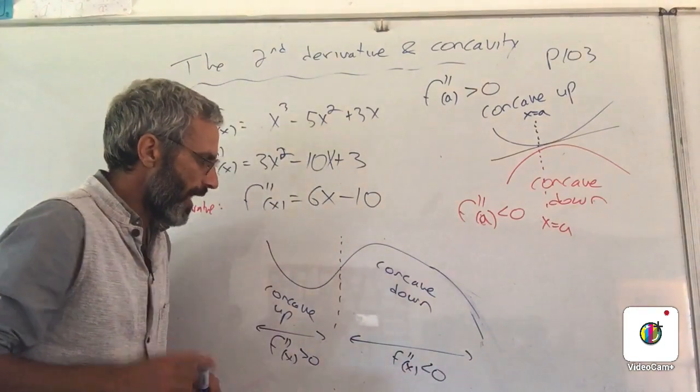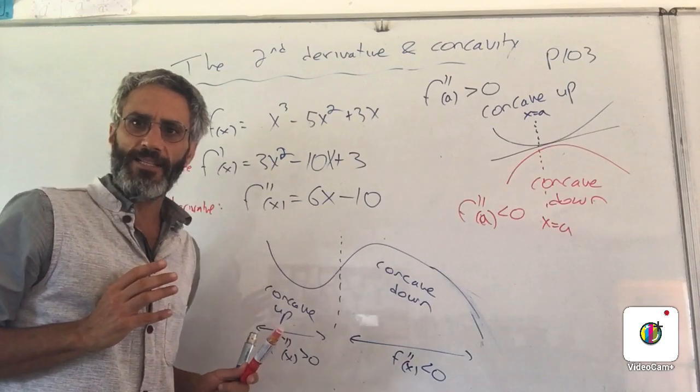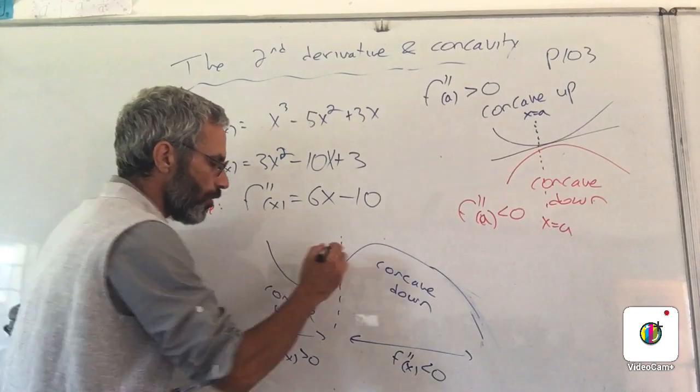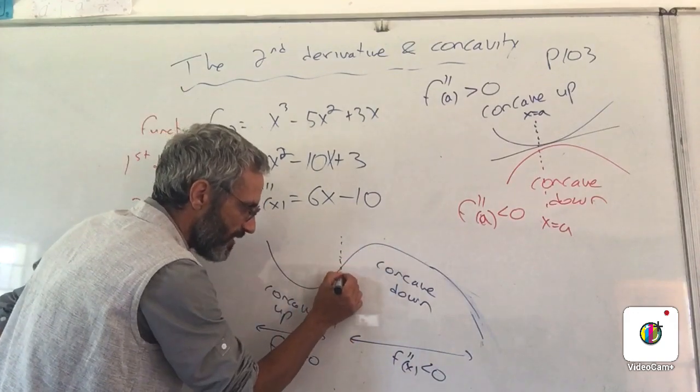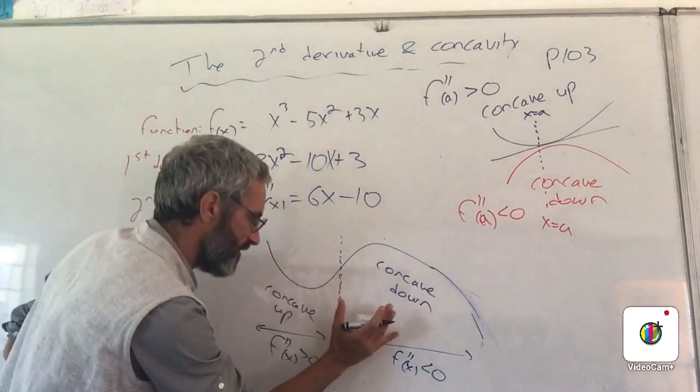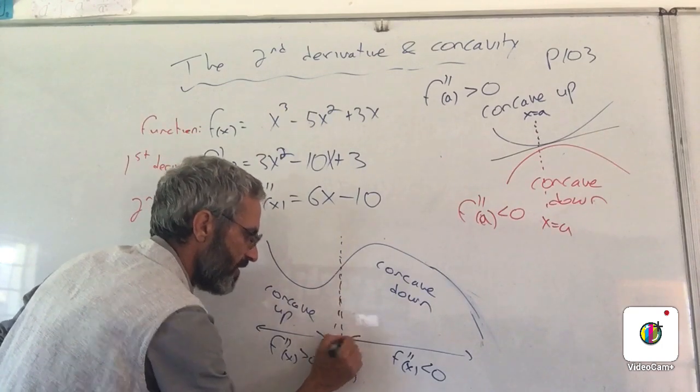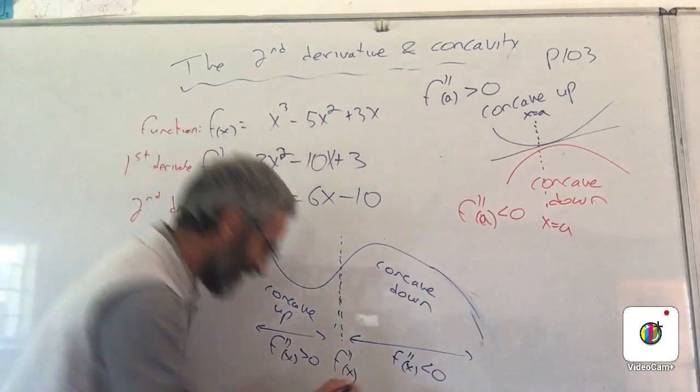Now, before I try and explain it, maybe I can ask you, and you can probably guess, what will be the concavity exactly at that point in between, the transition from concave up to concave down? What will be the second derivative specifically here? 0. It will be 0, you're right.